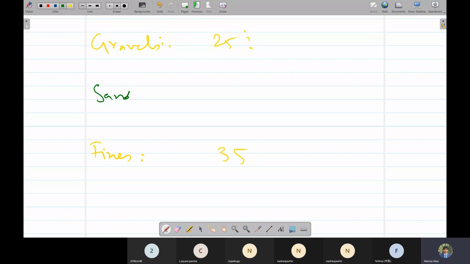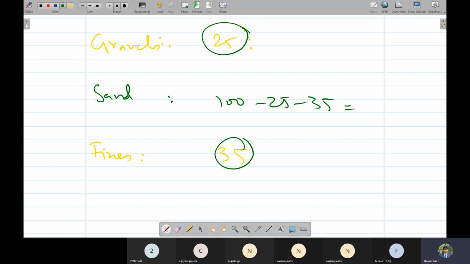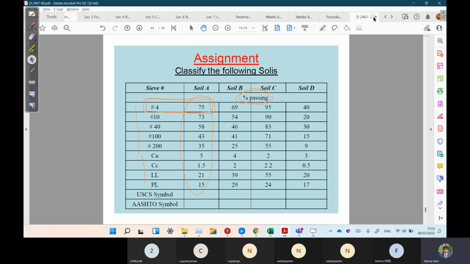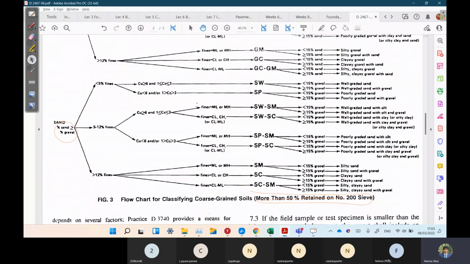The sand we get by subtracting 25 and 35 from the total of 100, which gives 40%. We have gravel as 25%, fine particles at 35%, and sand at 40%. We can move to here. Now we know that percentage sand is more than percentage gravel.